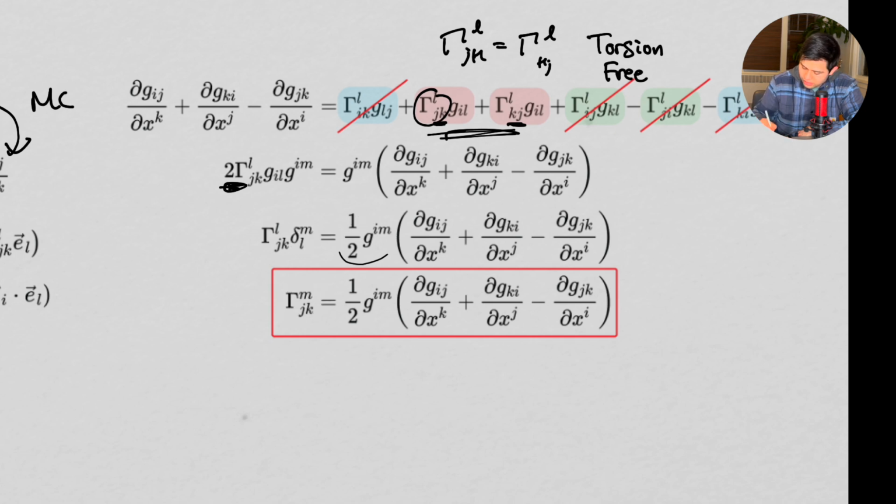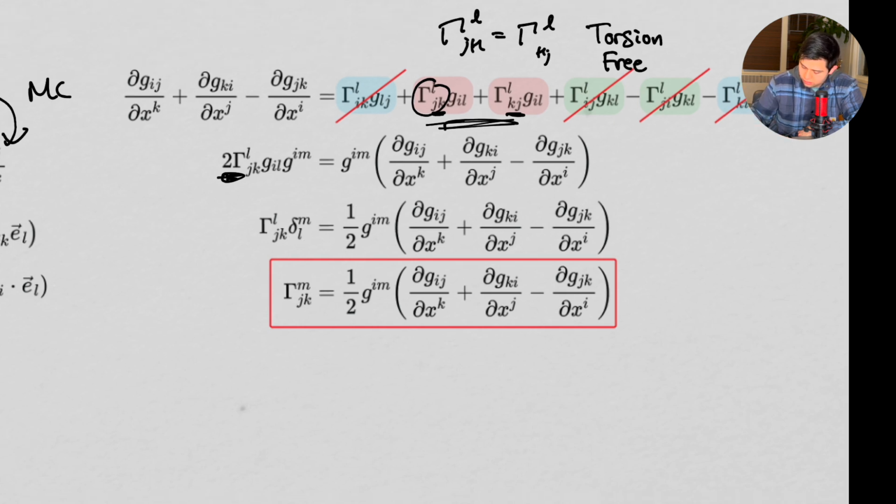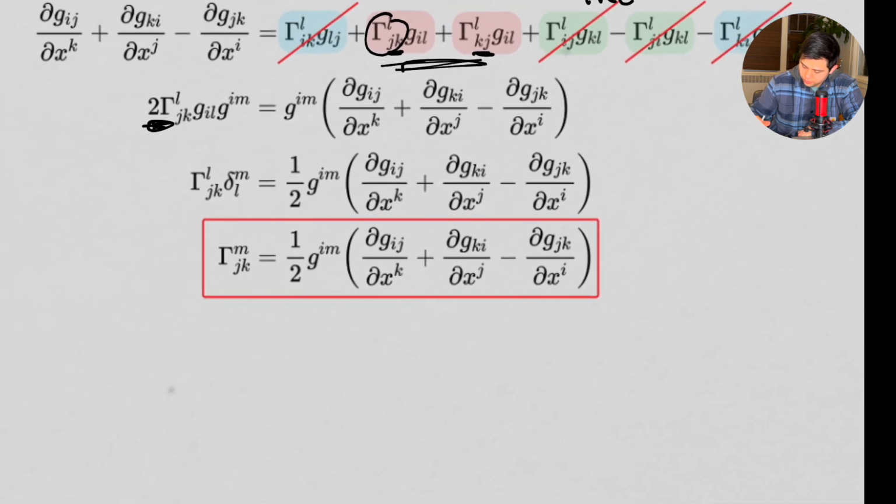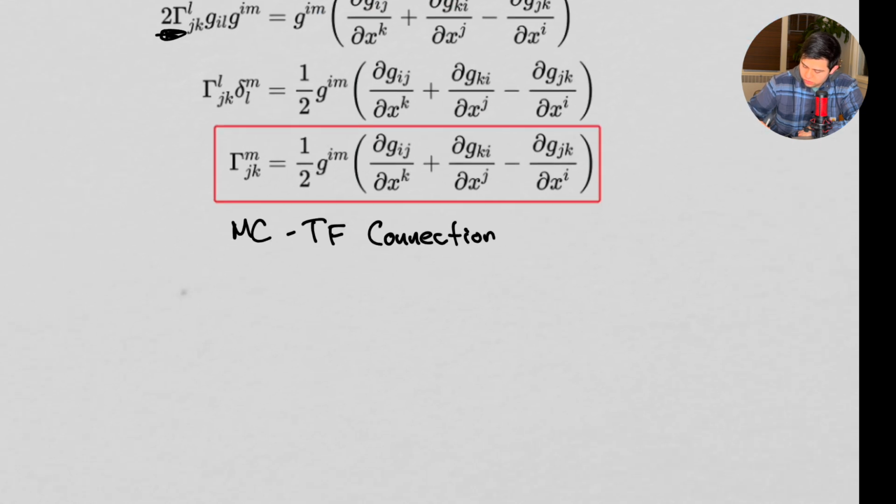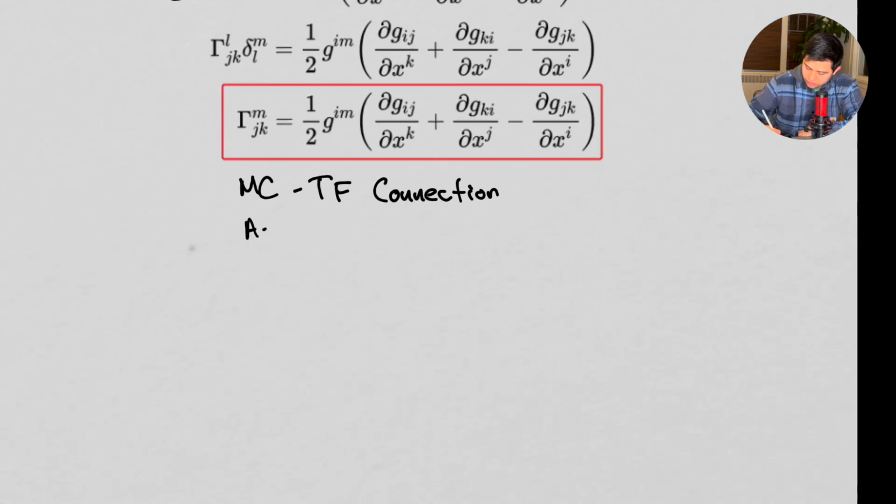And what we ultimately get is this guy circled in red. So this is the metric compatible torsion-free connection. Or more succinctly, what we call it is the affine connection.